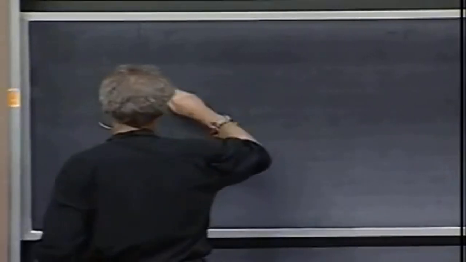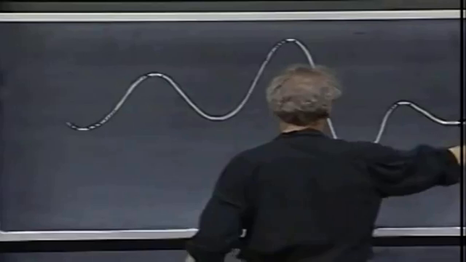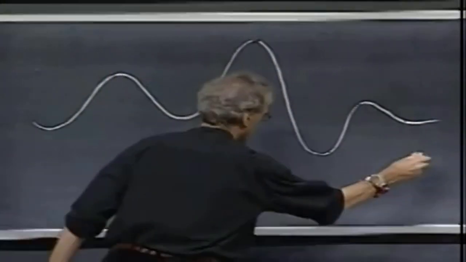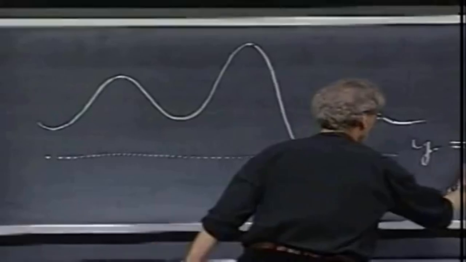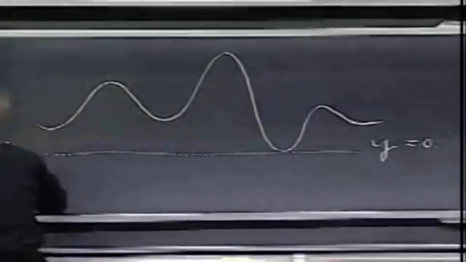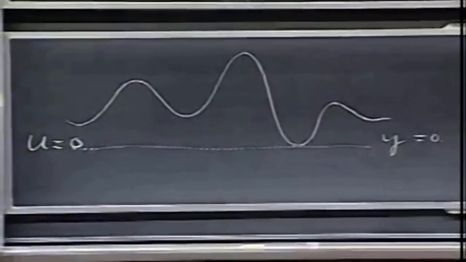Suppose I have a curved surface, literally a surface here, which sort of looks like this. I call this arbitrarily y equals 0, and I could call this gravitational potential energy U equals 0 for that matter.